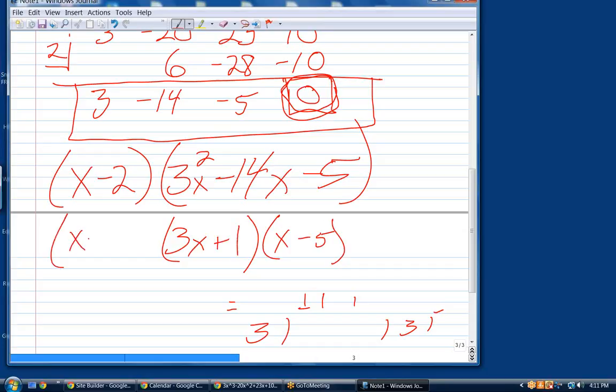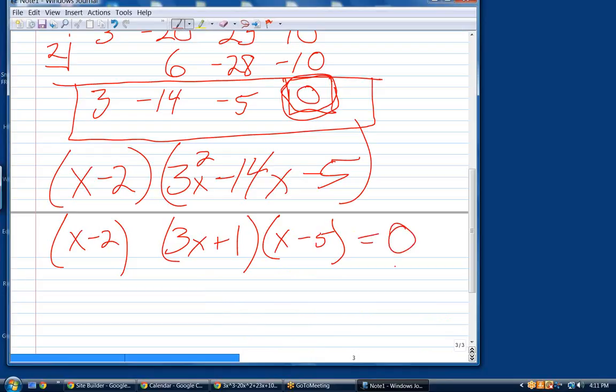So my three linear factors are x minus my solution, basically. In other words, this gives me the minus 1/3 solution, this gives me the 5 solution, this gives me the 2 solution. So if we are factoring this polynomial completely down to its three linear factors, this is what we would get.